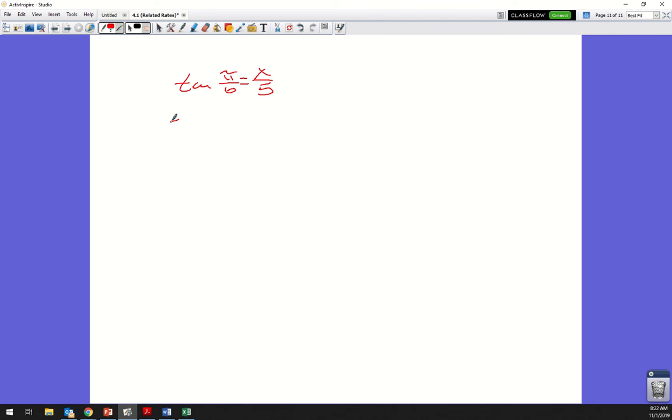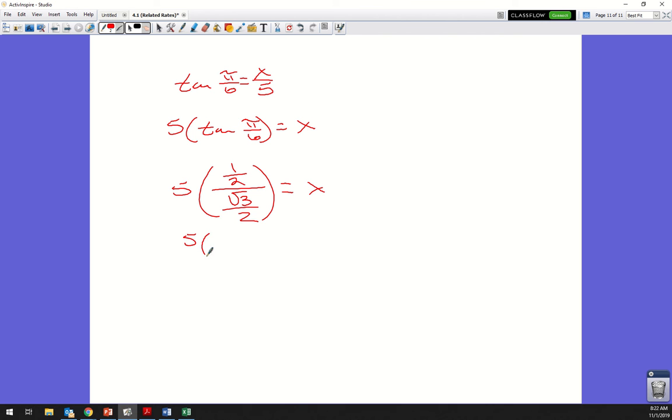So it's going to be 5 tangent at pi over 6 is x. So tangent at pi over 6 was sine over cosine, so it's 1/2 divided by rad 3 over 2 times my 5 is equal to the x. Multiply by reciprocal, so I'm going to get 5 times 1/2 times 2 over rad 3.